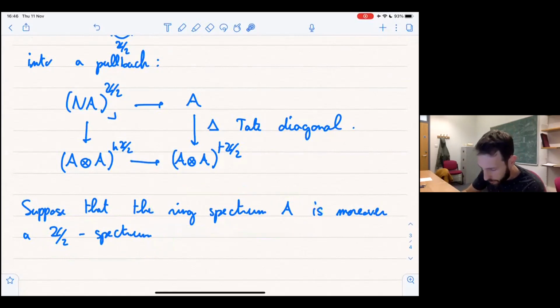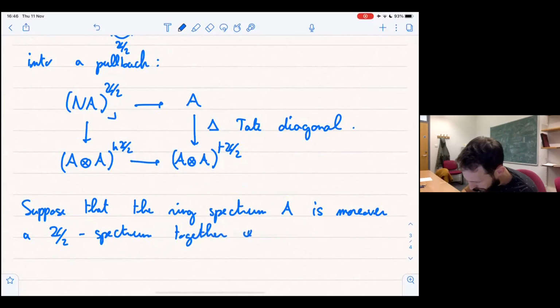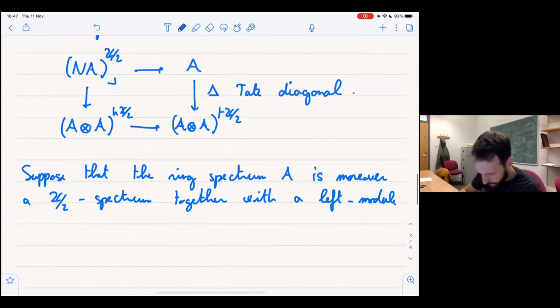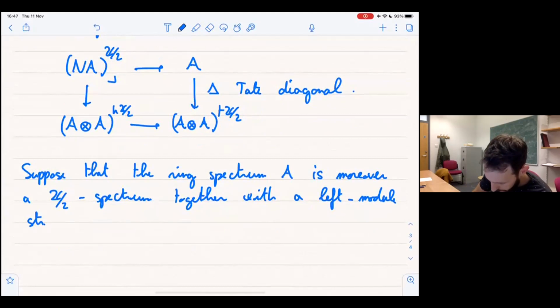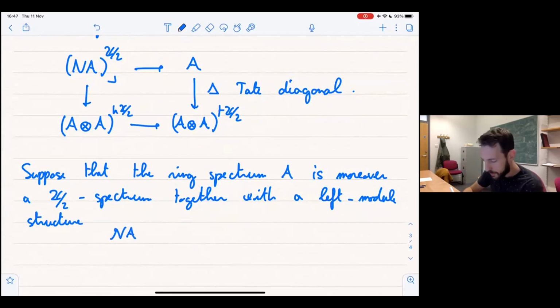And this is done via the norm. So together with a left module structure, which is, so we ask that the norm, which is a Z-mod2 ring spectrum, acts on this spectrum A. Okay.